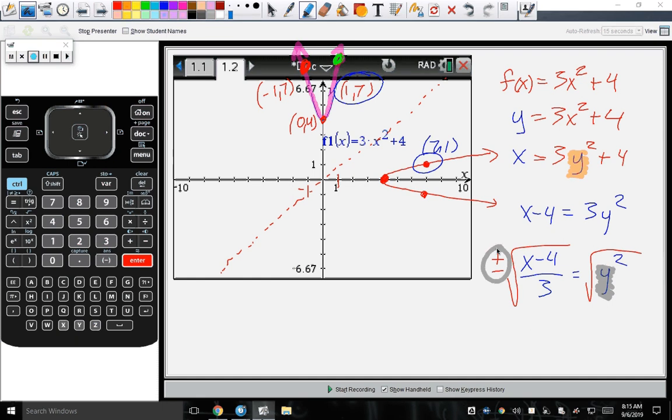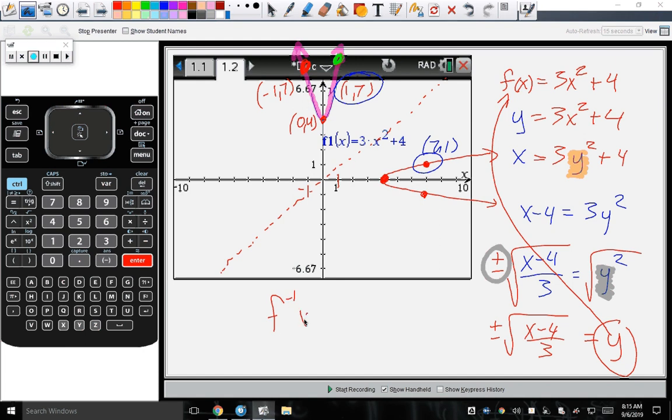A lot of people forget this. So y would be left over here all by itself, and it's plus or minus the square root of x minus 4 over 3. Which, yes, our last step, since we were given it as f of x, is to write it as the inverse of f of x is equal to plus or minus x minus 4 over 3, all square rooted.